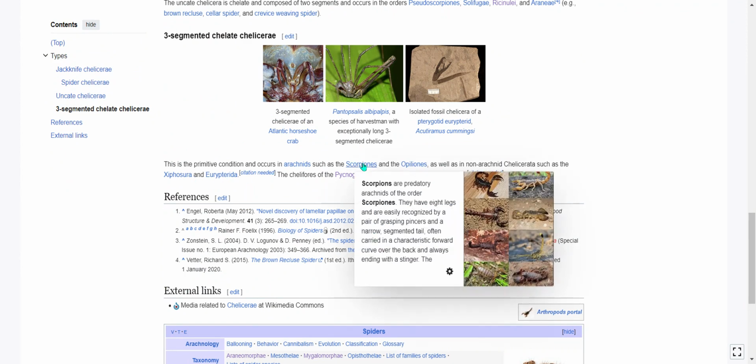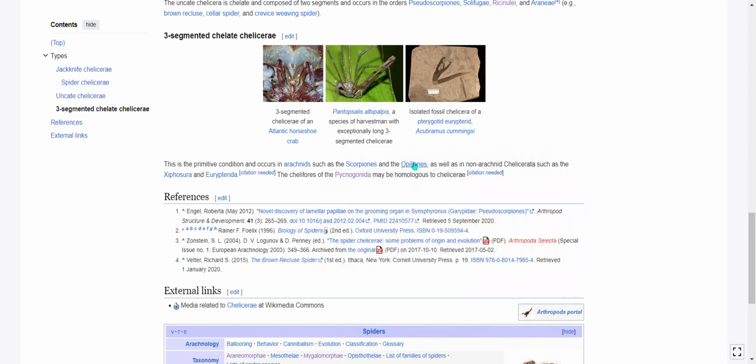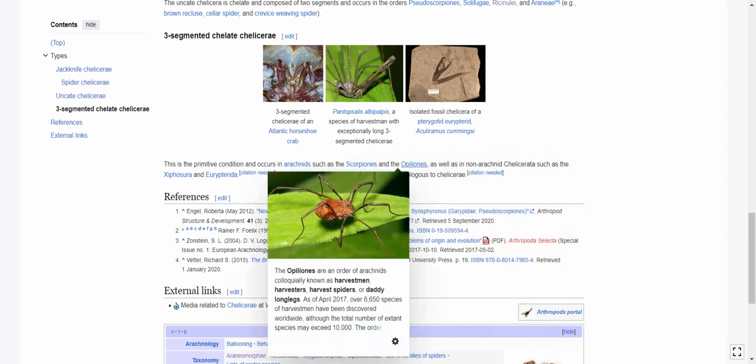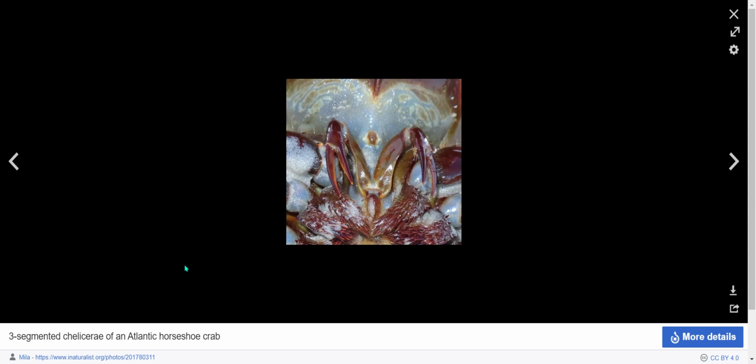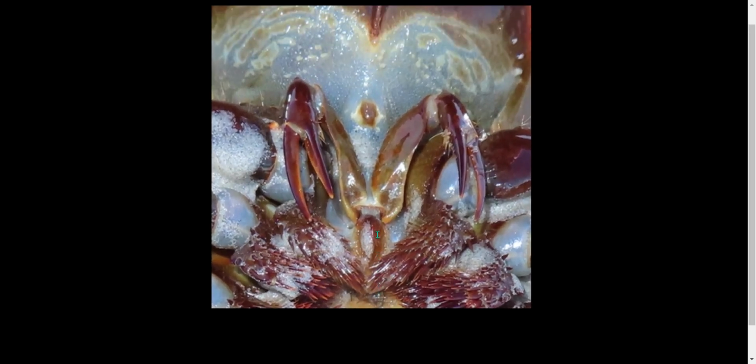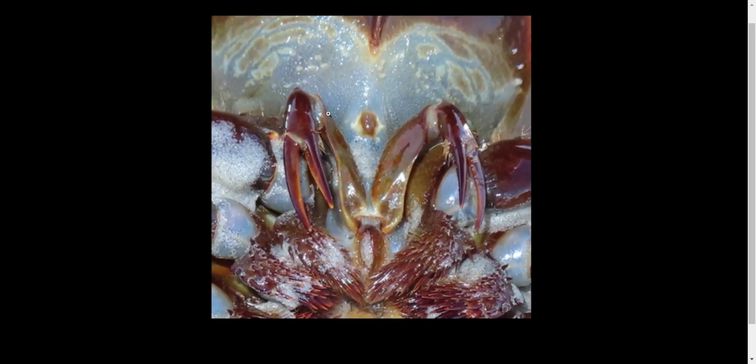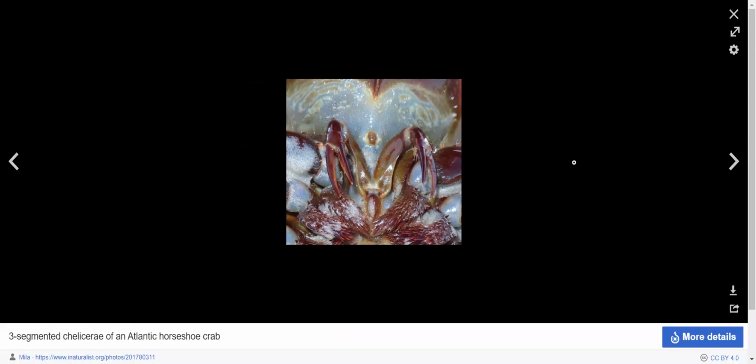So we've got scorpiones there. Okay, scorpions, actual ones. And the daddy long legs. Oh, this is our good old horseshoe crab. Three-segmented chelicerae of the Atlantic horseshoe crab. So I see one segment, I see two segments, I see three segments, I guess. Interesting.